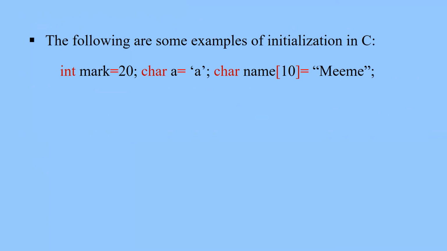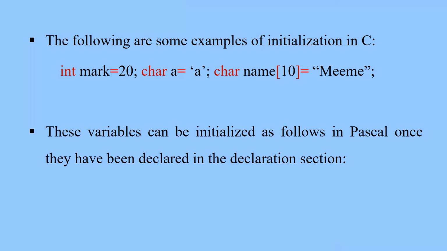And we are initializing that memory with character A. Set a memory location aside called name that will hold a series of characters or a string whose size should not exceed 10. And then initialize it. Store the first value into it, which is meme, semicolon.